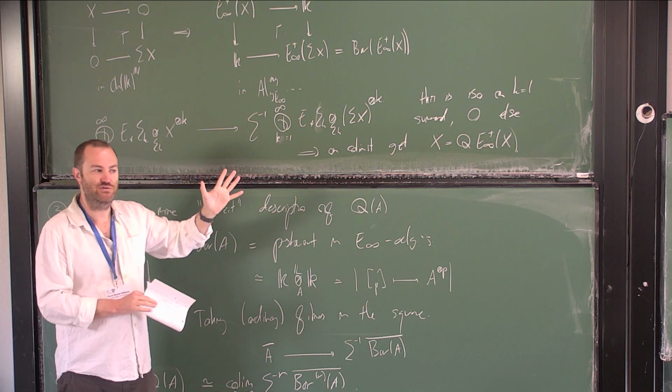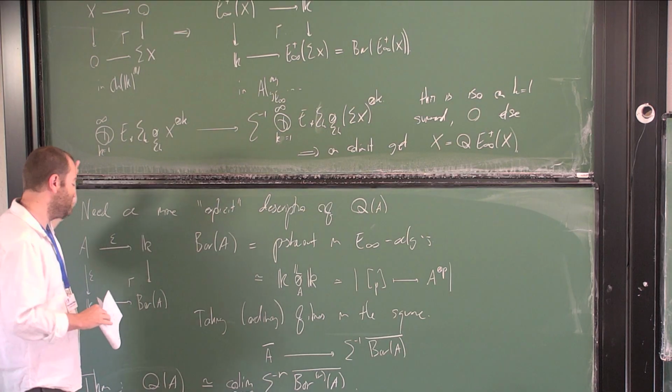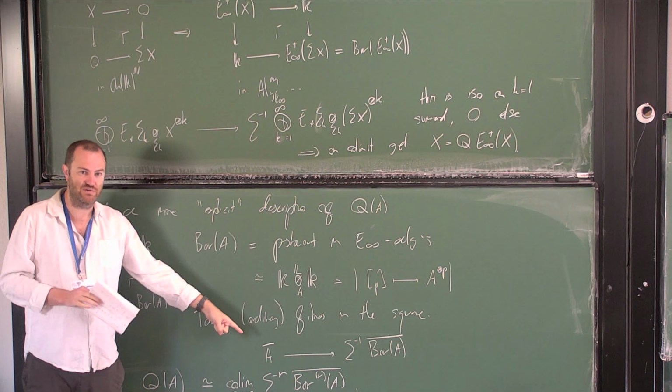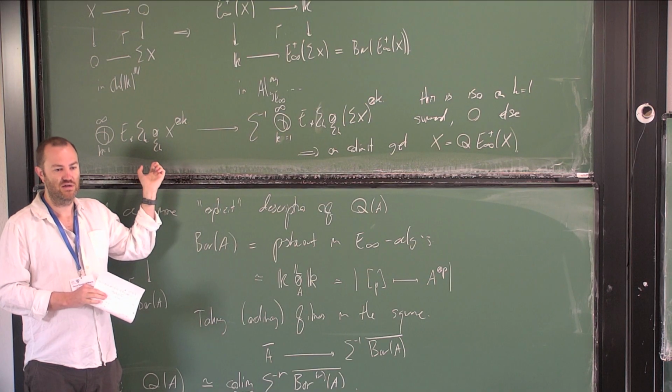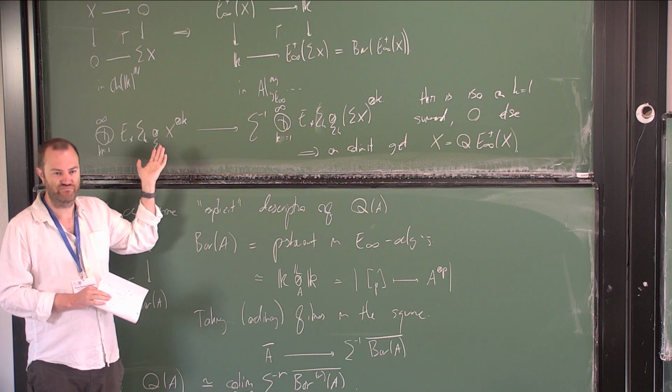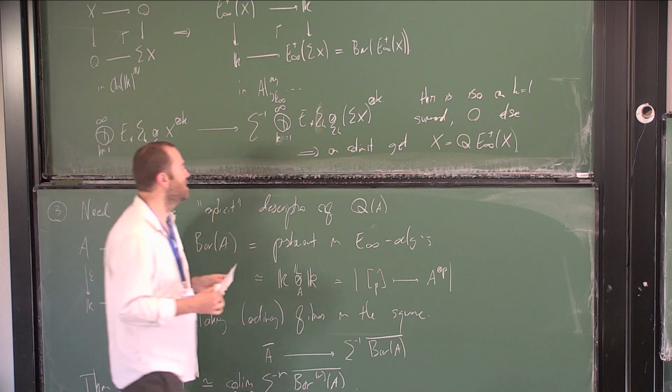The only thing you need to do to turn this into a real argument is come up with some a priori natural transformation between Q and this colimit. Because then you can test its equivalence just on free things, because everything is a colimit of free things. So that's the step I haven't done, but one can do.